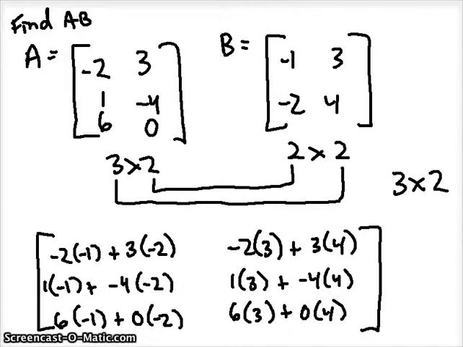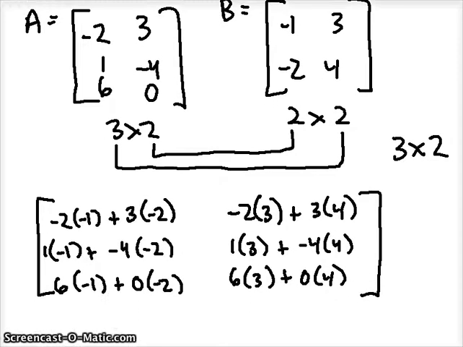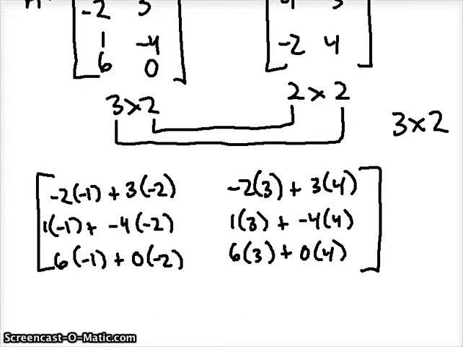And again, staying organized in this fashion will help tremendously, because at this step we want to simplify each of our little entries here. And if you kept it organized up to this point and you made a mistake, let's say that we put the wrong number in one of these spots, well, we'd easily be able to go back and check, well, okay, so what I need here are things from our first row, first column.